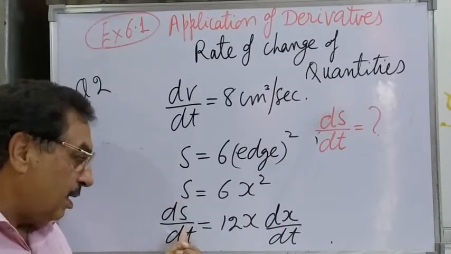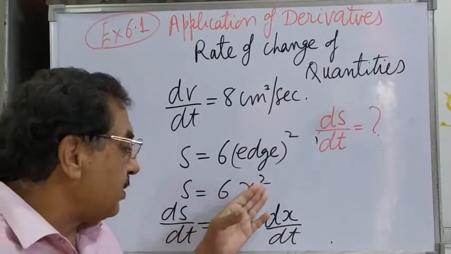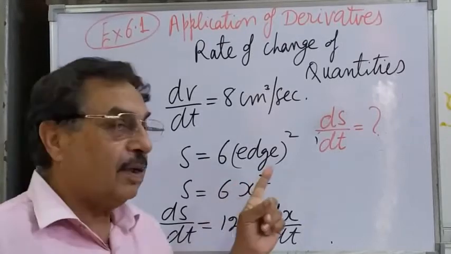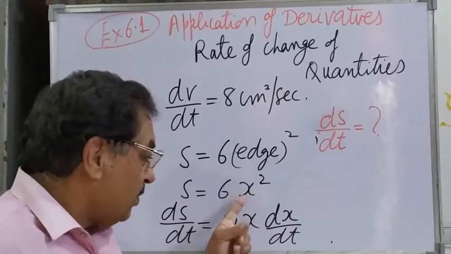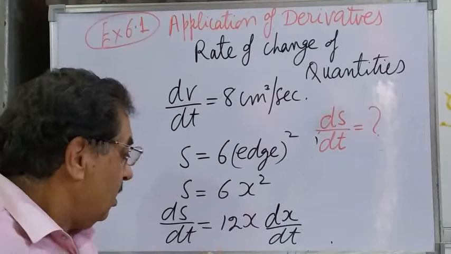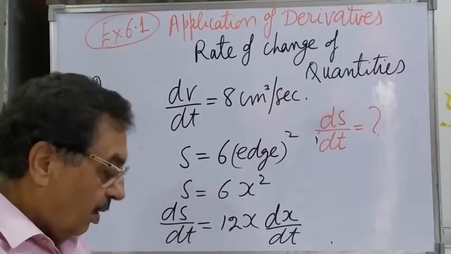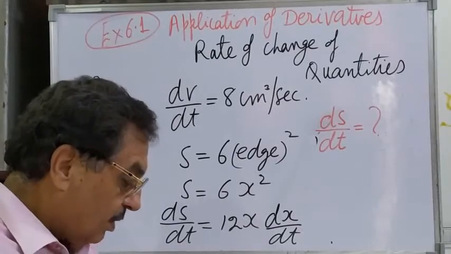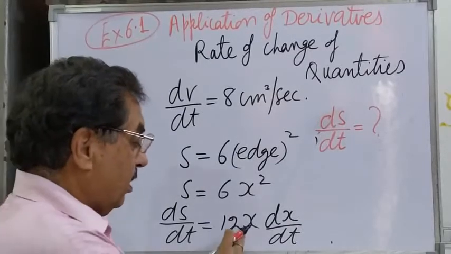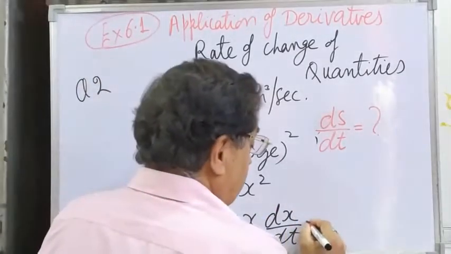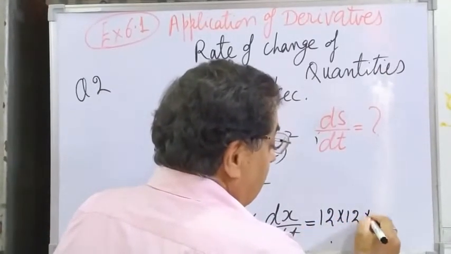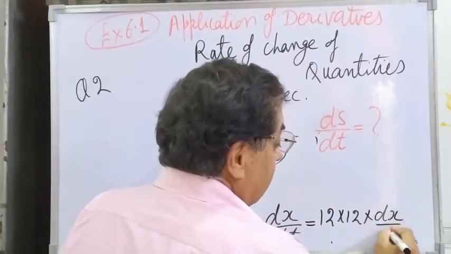So dS by dt is 12x times dx by dt. The edge is given as 12 centimeter, so 12 into 12 into dx by dt.